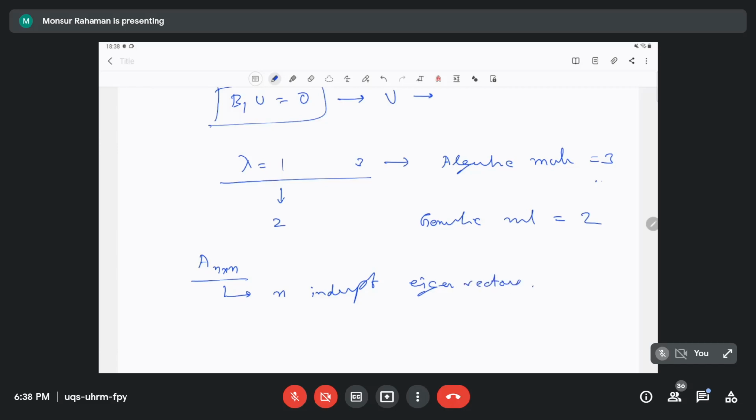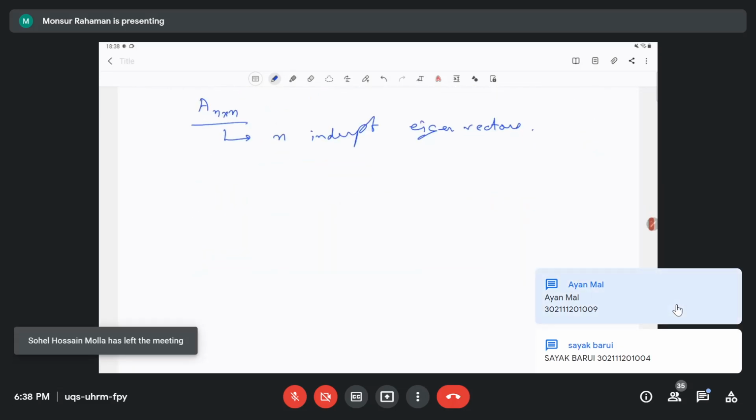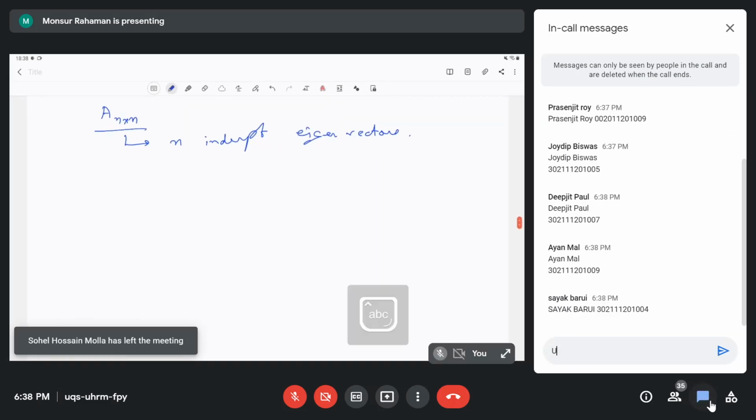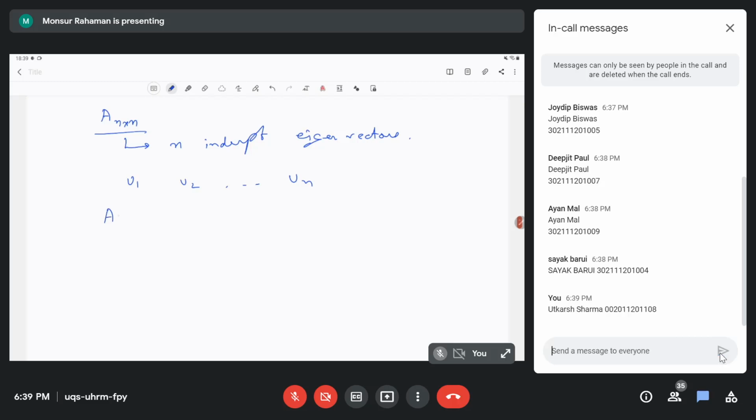So let's consider that A has n independent eigenvectors v1, v2 and vn. Because v1 is an eigenvector, A v1 will be a constant times v1.